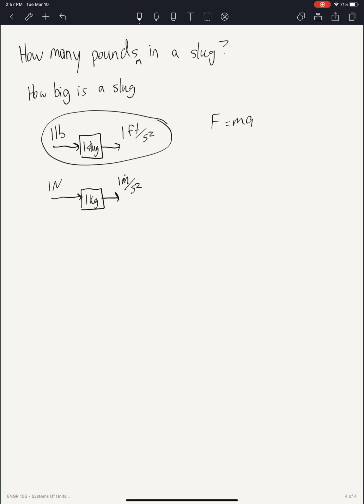If you exert a 1 pound force on a 1 pound mass object, then how quickly will it accelerate? And I will tell you a situation when this happens. Anybody know?